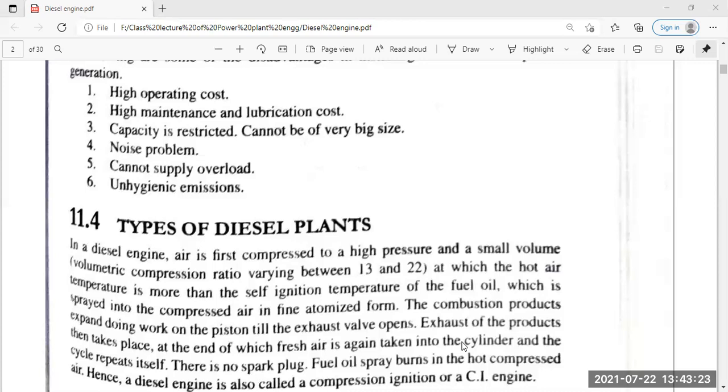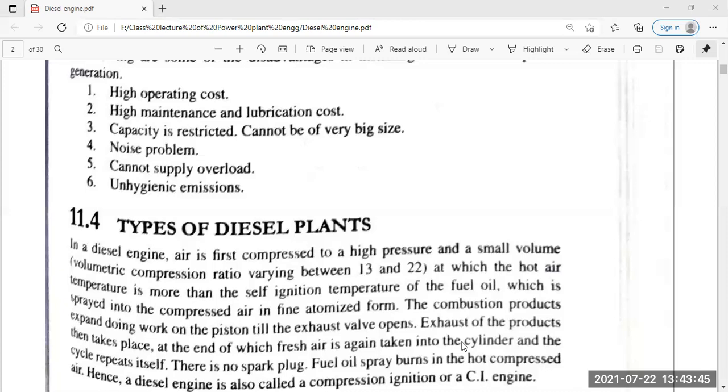Then the products exhaust, at the end of which fresh air is again taken inside the cylinder, and the cycle repeats itself. There is no application of a spark plug. The fuel ignites by itself, because its ignition temperature is already reached by the high compression ratio of the air.